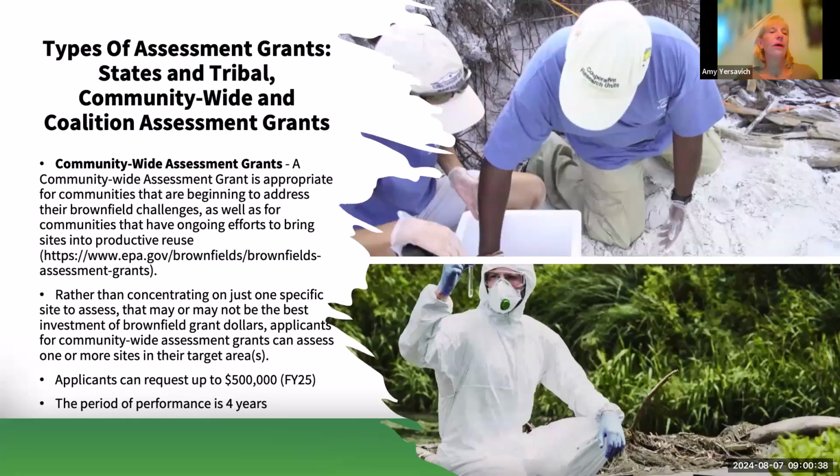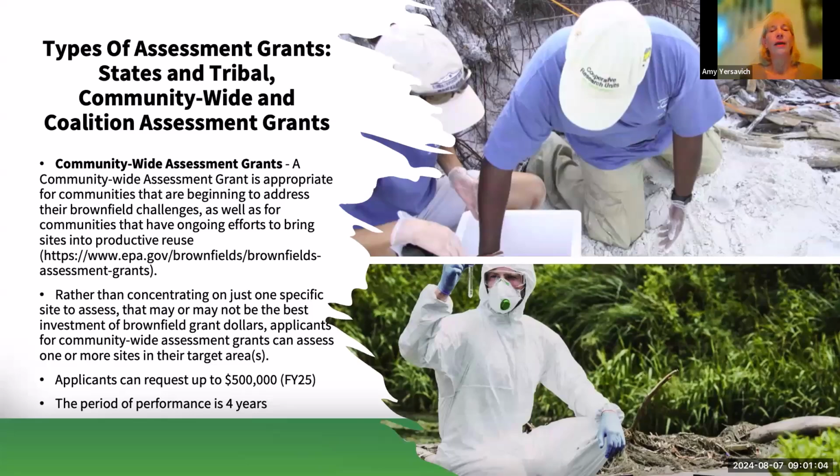Types of assessment grants. First, we have our community-wide grants that will be offered, and these are good for communities that are beginning to address their brownfield challenges, as well as communities that have an established brownfields program and want to continue to redevelop their brownfields in their targeted areas, underprivileged areas, things like that.